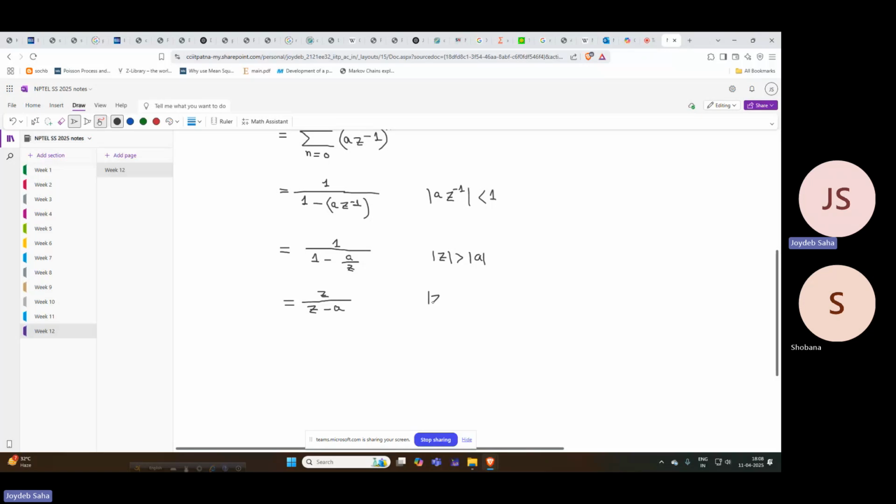The condition is mod z is greater than mod a.